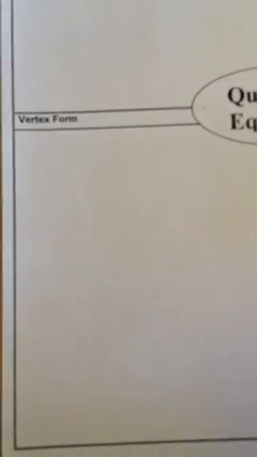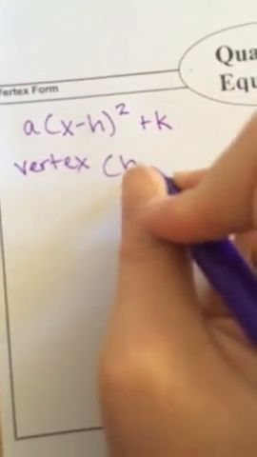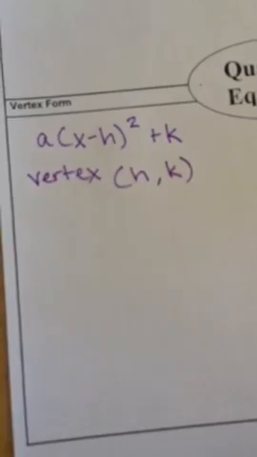All right, and then if I move on, we have vertex form, and vertex form is a times (x minus h) squared plus k. And the vertex then is the point (h, k).